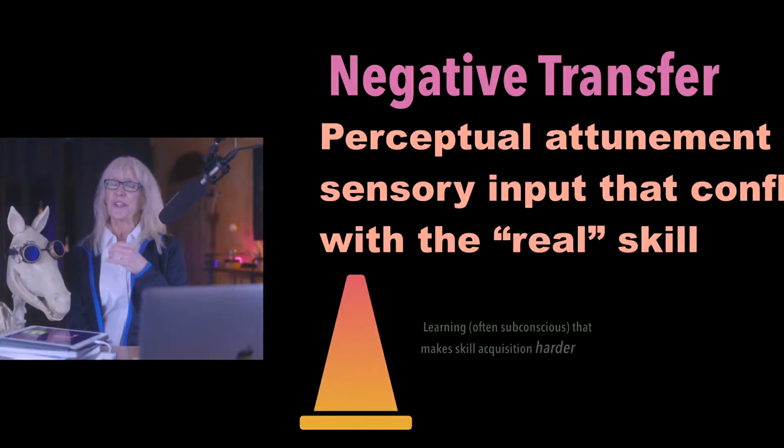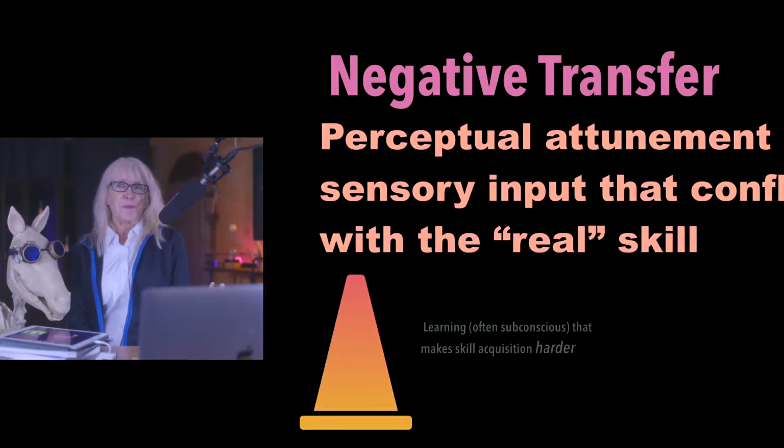But there is a bigger problem, which is that some activities, although sometimes it's hard to know which ones, have a negative transfer, where practicing that activity actually interferes with and makes it harder at the real thing. For example, cones are low, they don't move, and they don't look anything like humans.